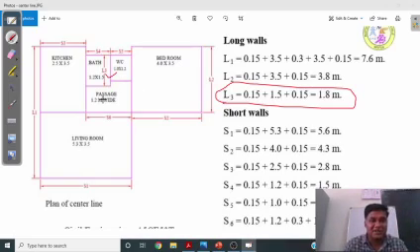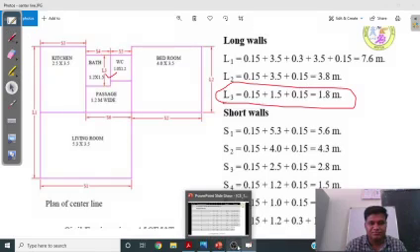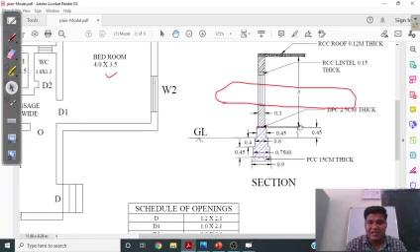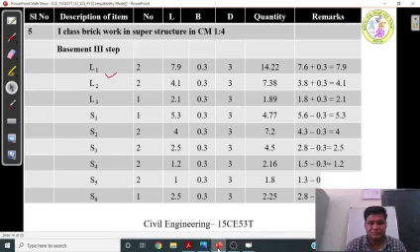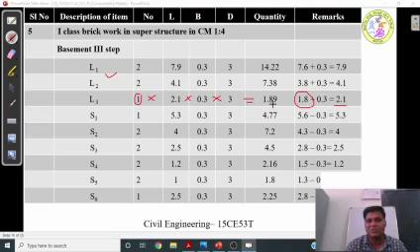Again the wall height is 3 meter and the width is 0.3 meters. So total length will come to 2.1. So 1 into 2.1 into 0.3 into 3 will give me the total volume, that is 1.89 cubic meters.